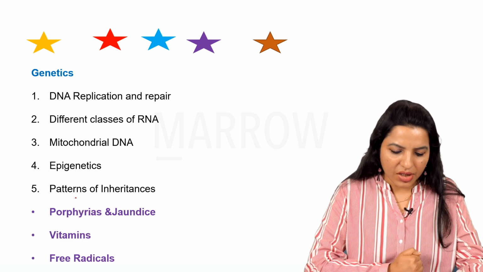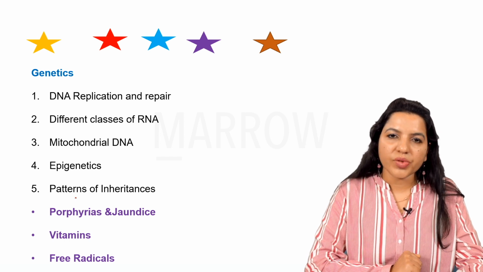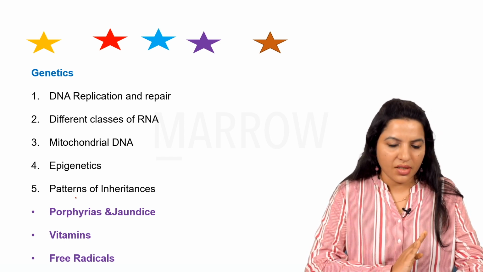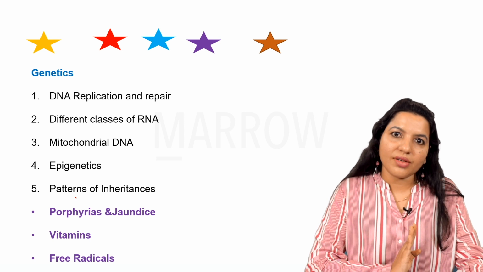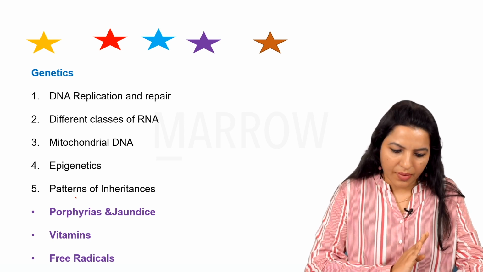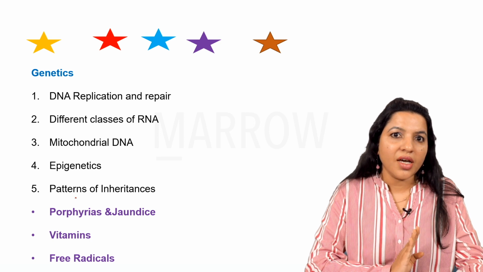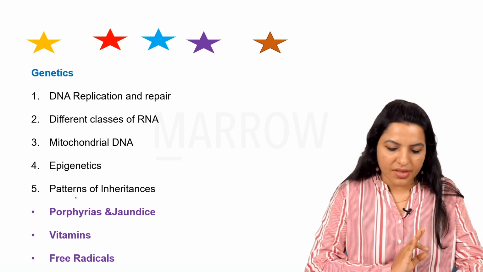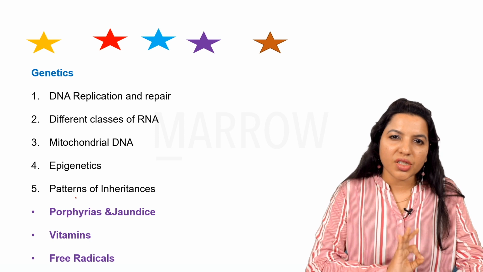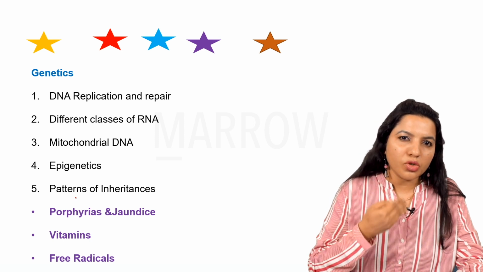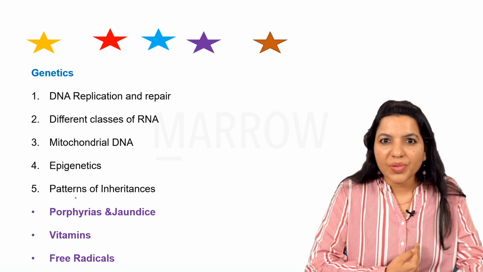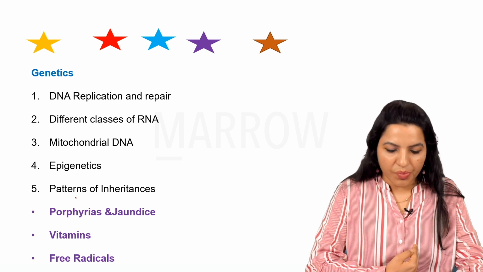Then coming to the genetics part, 5-star topics in genetics are very few. First I should say DNA replication and repair. Then different classes of RNA, where miRNA, mRNA, tRNA, etc. are there. Then mitochondrial DNA, I find it to be a new trend topic. Then epigenetics, a very important topic.